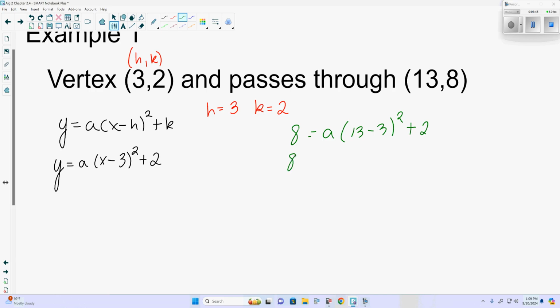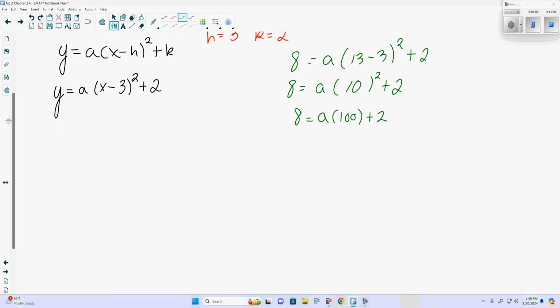So 8 is equal to, order of operations says we need to do what's inside the parentheses first. 13 minus 3 is 10. 10 squared is 100.